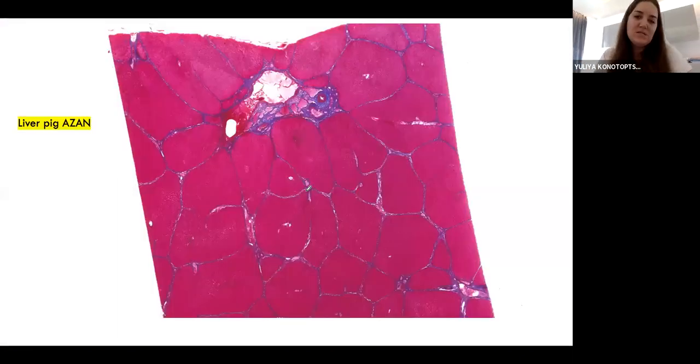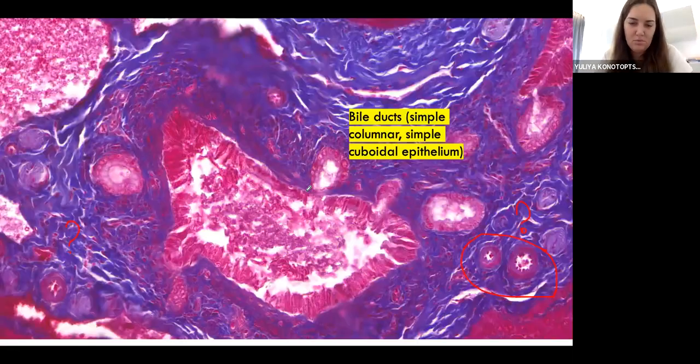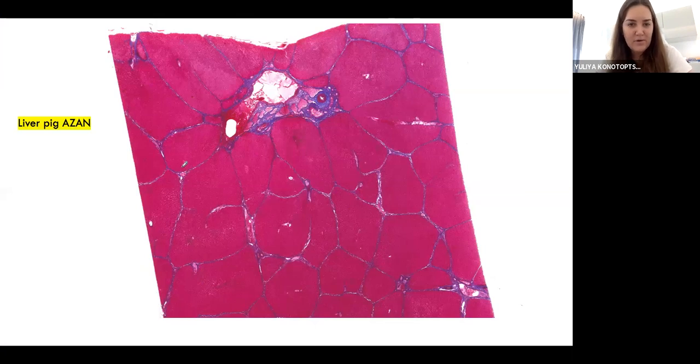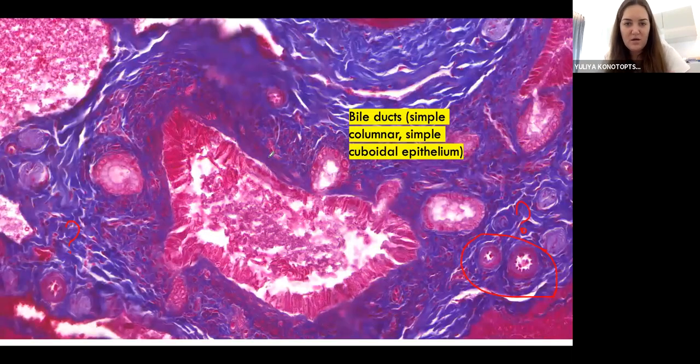Okay, liver, pig, azan. So what is the purpose? Of course, to show you some collagen fibers and so on. So this is your portal canal, right, which is like at the border, but we're looking at this one, okay? So we're looking at this huge structure. This is one of the bigger ones, a huge portal canal. Here you can see something with columnar epithelium, right?